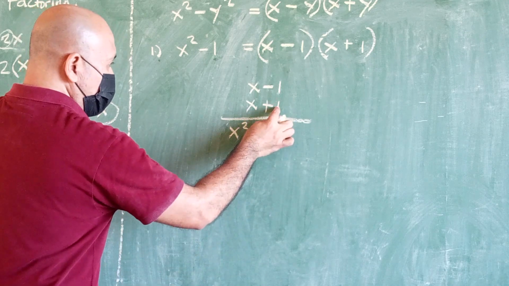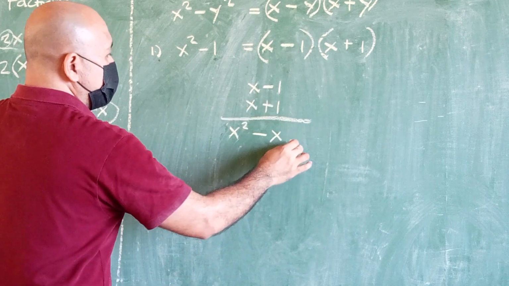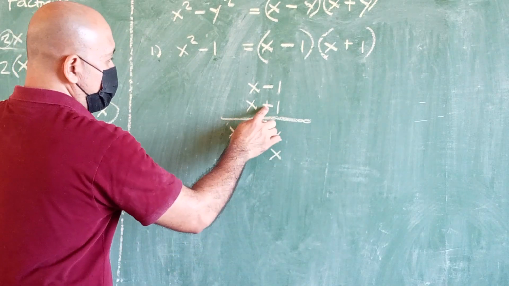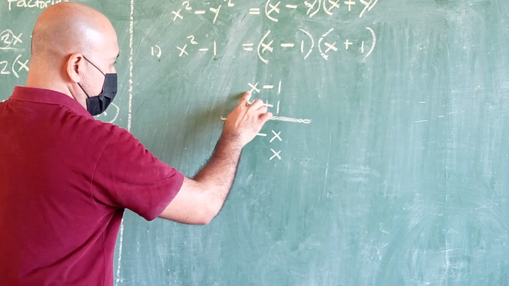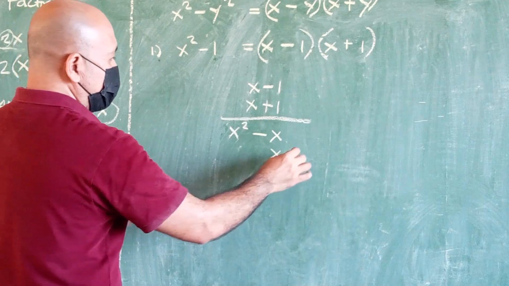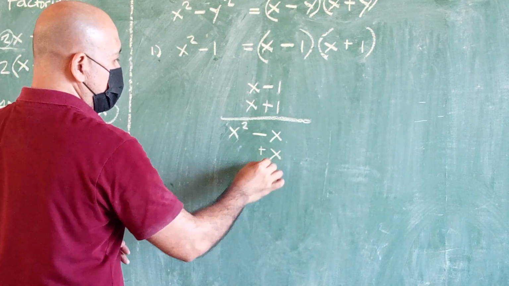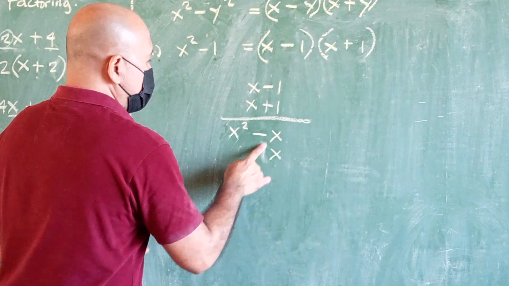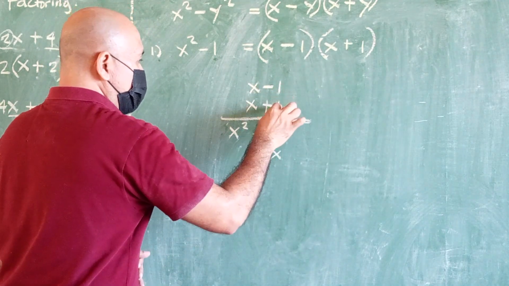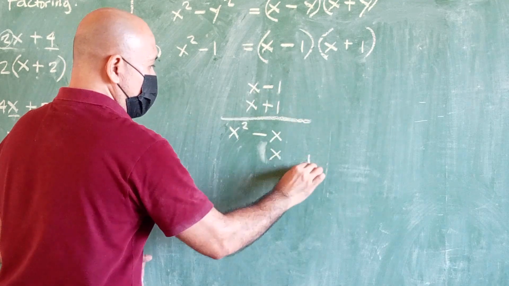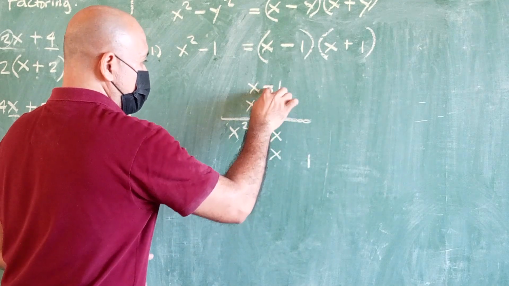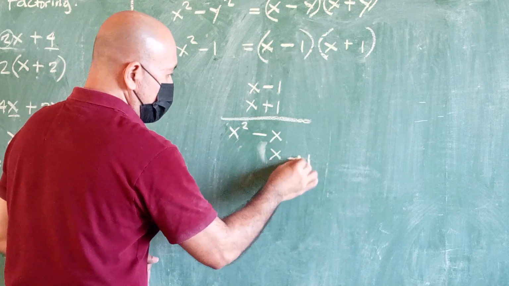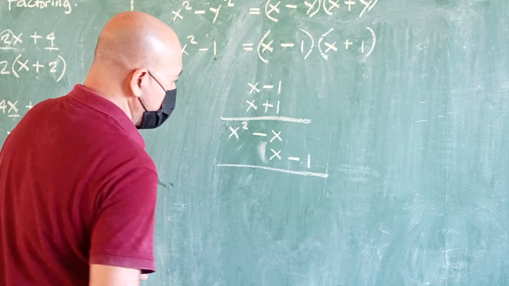And you multiply 1 times x, that is x. And positive and positive, so technically the same sign, so this is plus or positive. Just remove the positive sign. And when you multiply, after that, 1 times 1, that is 1. And since their signs are opposite, you just have to use the minus operation.